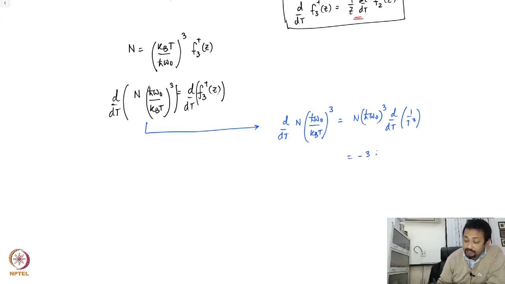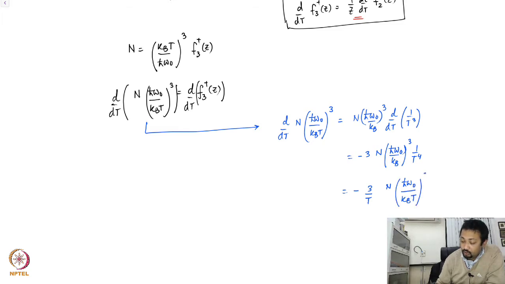You're going to have minus 3N (h bar omega naught) whole cube divided by T to the power 4, and I have missed a kB over here, so that this is kB times 1 over T to the power 4, so that I have minus 3 over T times N (h bar omega naught divided by kBT) whole cube.